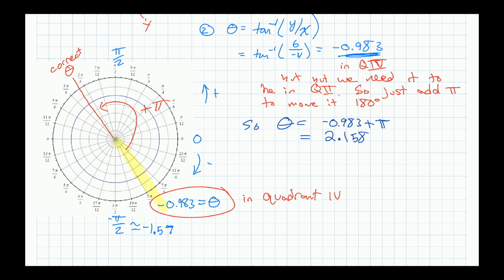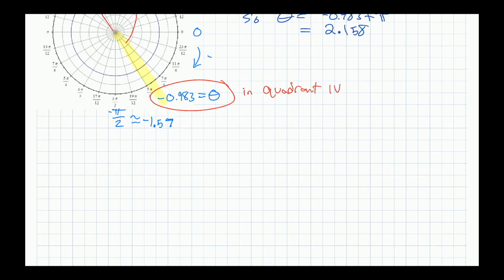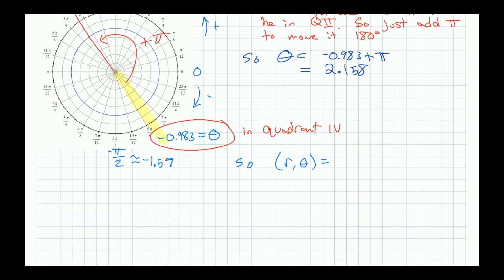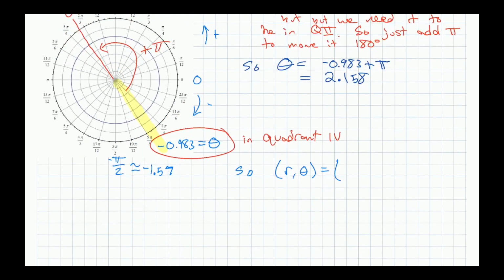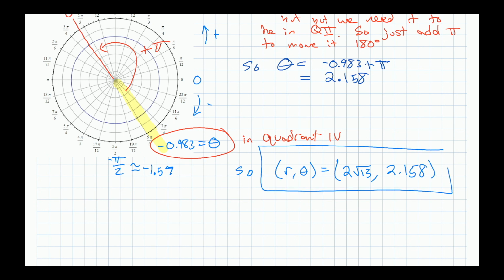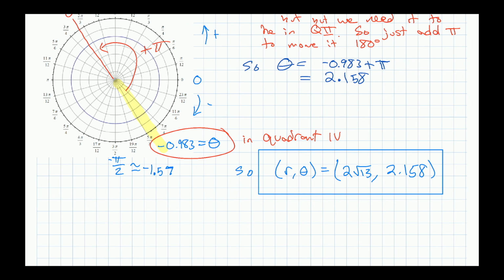So what do we get? The final answer, r theta, is going to be the r we calculated to be 2 square root 13, and with some work, the theta was approximately 2.158. And that would be my answer.